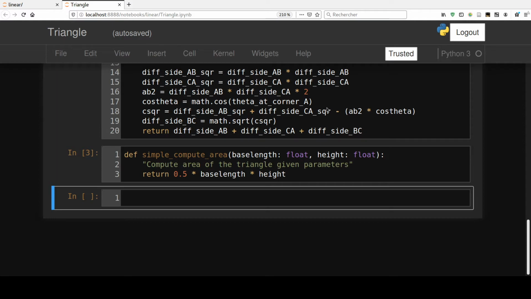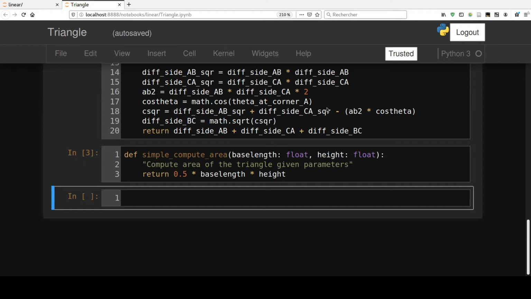So basically we are trading off here the height with the angle and the side associated to the angle.